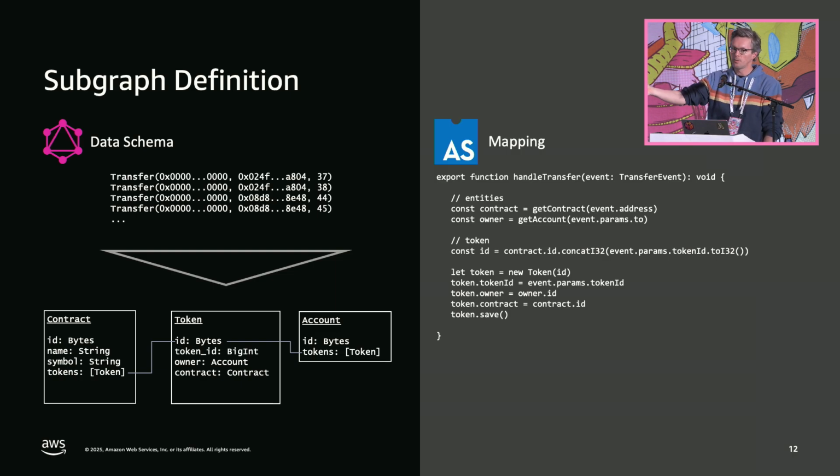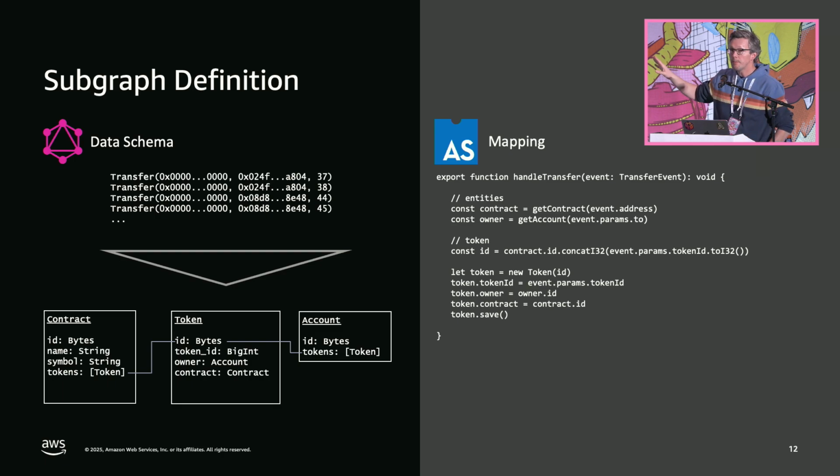You can even do smart contract calls if you want to, and then put it all into your own custom data schema. I've just drawn it on the left, these little boxes there, just a simple example where you would have a contract, and then that contract has a token, and then the token has owners, which are really, of course, blockchain accounts.